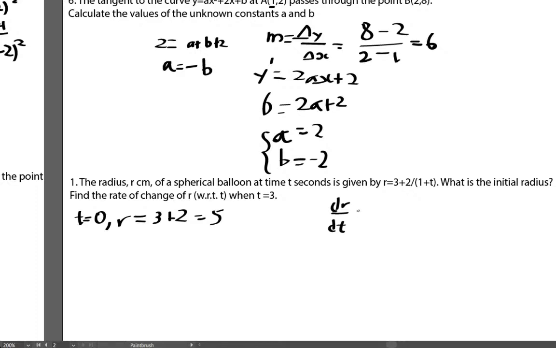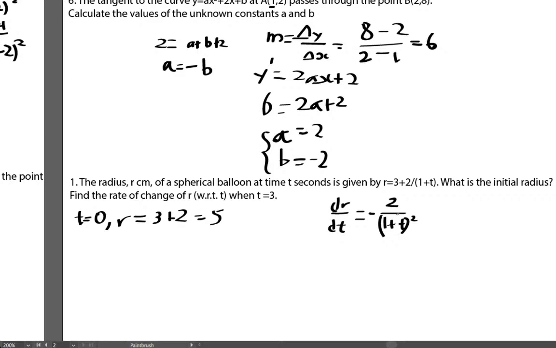The 3 is a constant, so throw it out, and then you have 2 over 1 plus t. Remember this is to the power of -1, so bring the negative power to the front, and the entire thing becomes the power of -2, or squared. Then take the derivative of 1 plus t, which is 1, so you don't need to do anything. Very good.